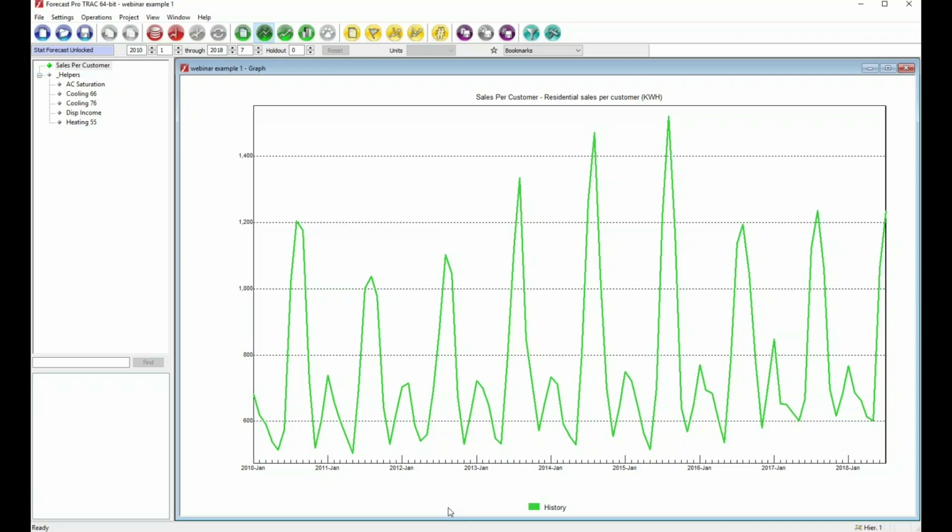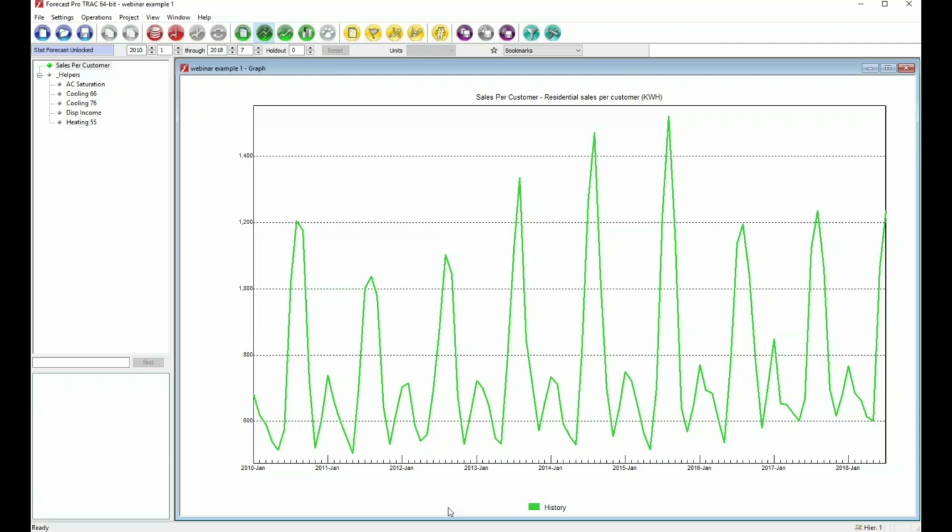So that said, let's put more focus on the graph that we're looking at here. Whenever we begin any forecasting project, one of the most important things to do first is to visually examine your data. That's what we're going to start out doing here. What we're looking at is about 8 or 9 years of monthly electricity sales.